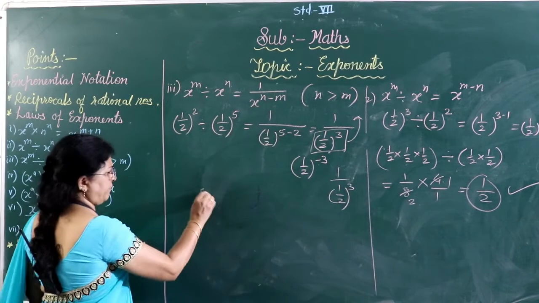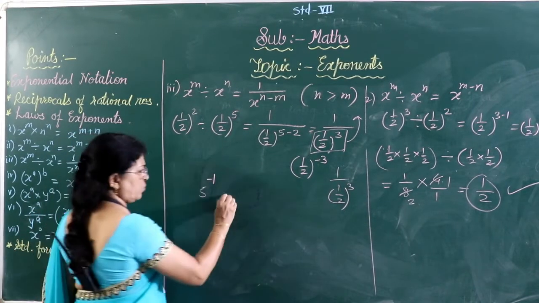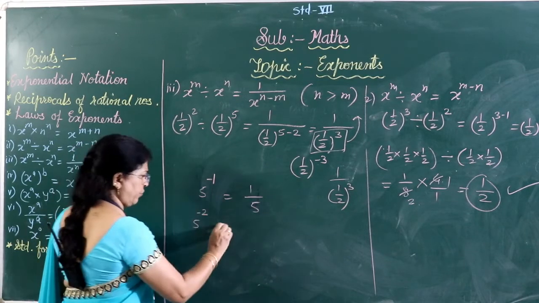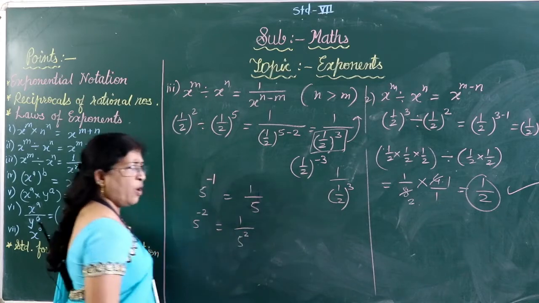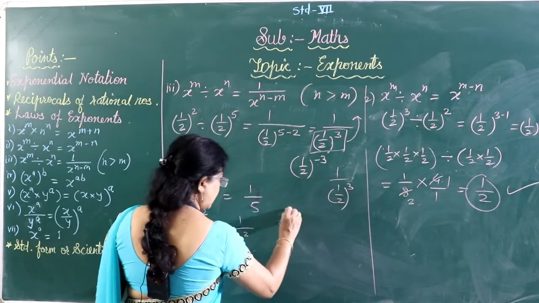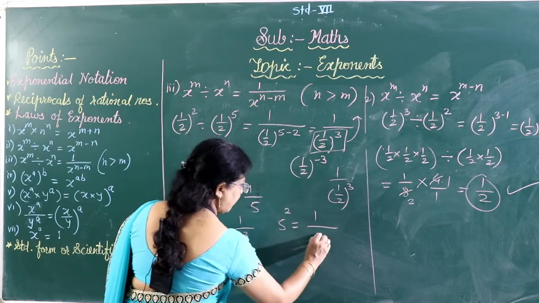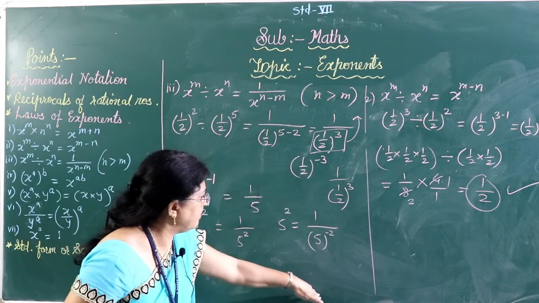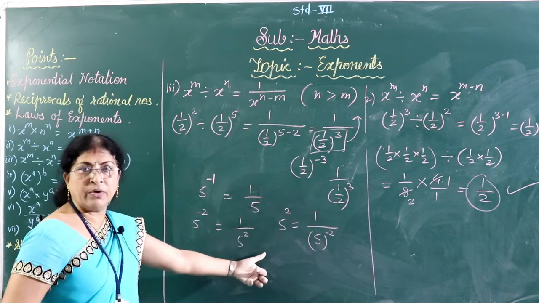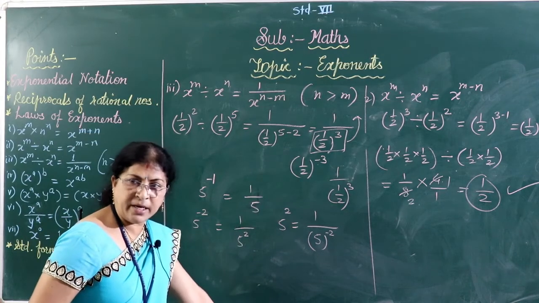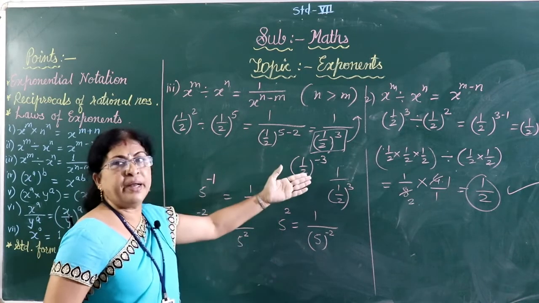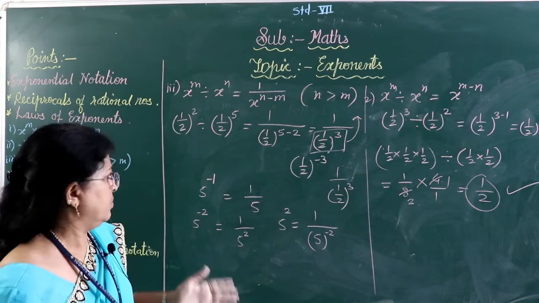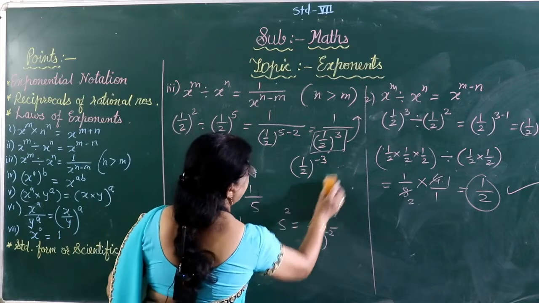If you want to show 5 raised to the power 1, you can write 1 upon 5, or 5 raised to the power 2, you can write 1 upon 5 raised to minus 2, because this is positive. When it shifts into the denominator, it will become negative, or if the denominator has a negative exponent, by bringing it to the numerator we can convert its power into positive. Got it clear? So in this way we will get this answer.